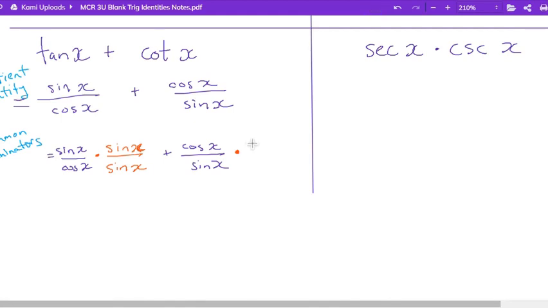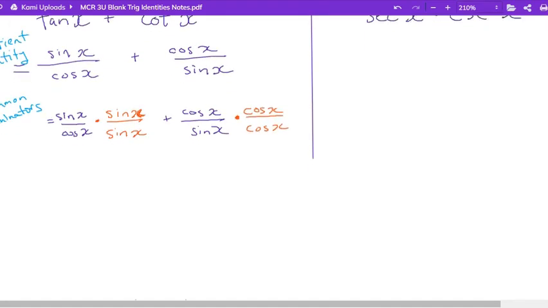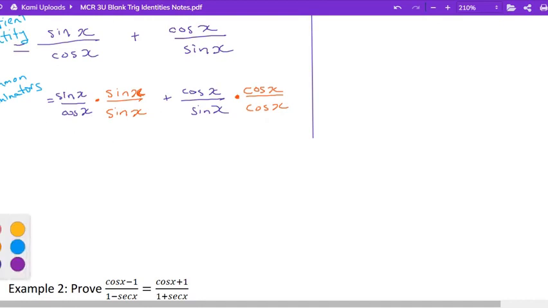The denominator, the other denominator, right? So here, I'm multiplying cos x by cos x because of the other denominator. Anyone see what's going to happen? What are we going to end up with? That's right. We're going to end up with a 1 because I'm squaring some ratios.